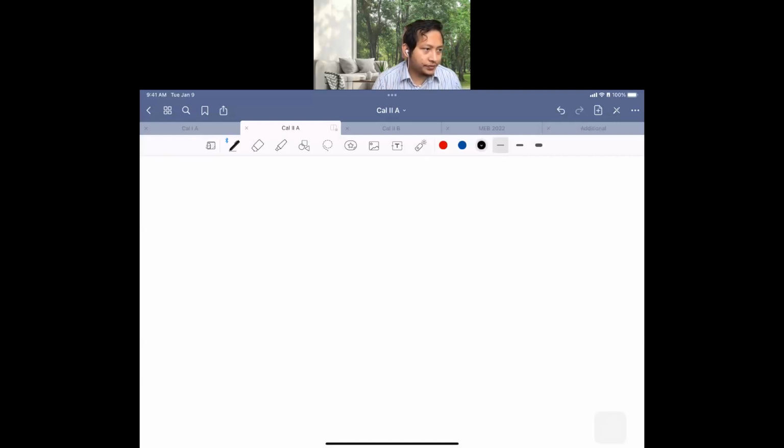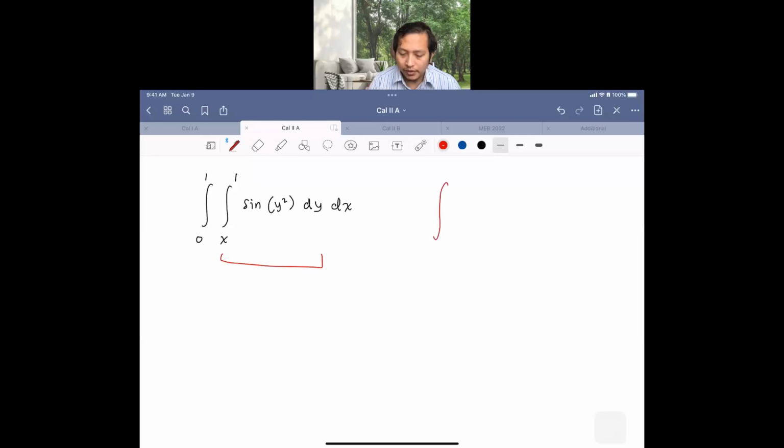Okay, let's evaluate this. Okay, how to solve this? So if we stick to the rules that we are going to evaluate the inside integration, then we need to integrate this part first, right?